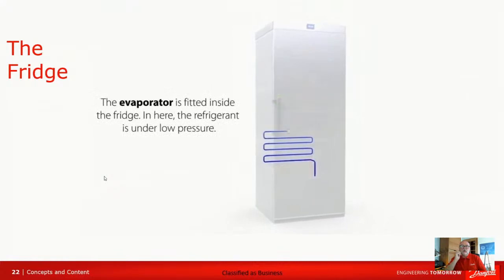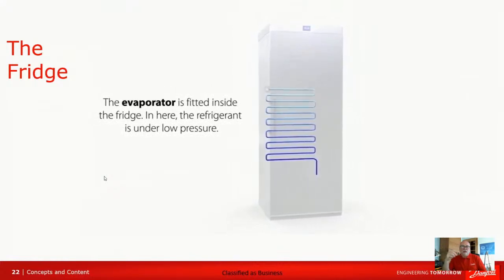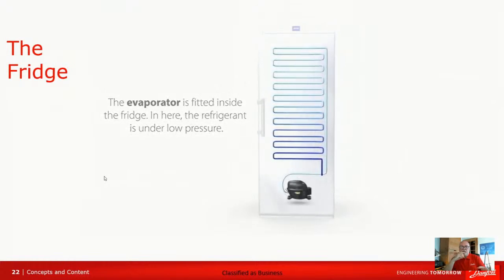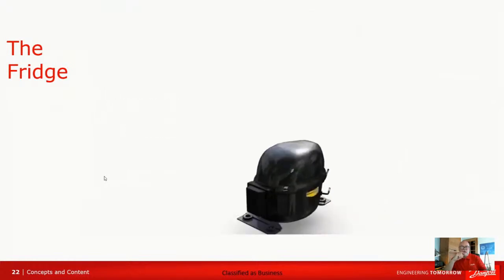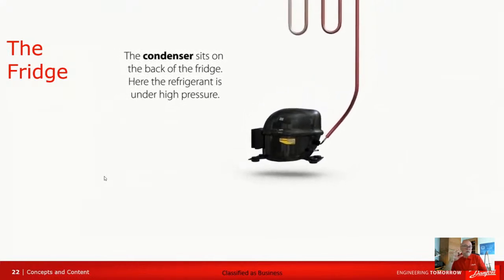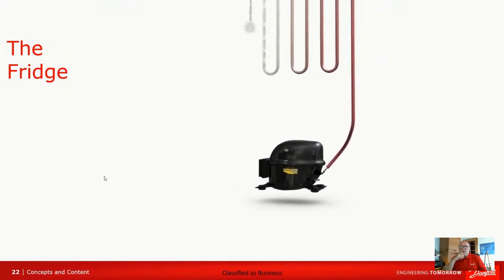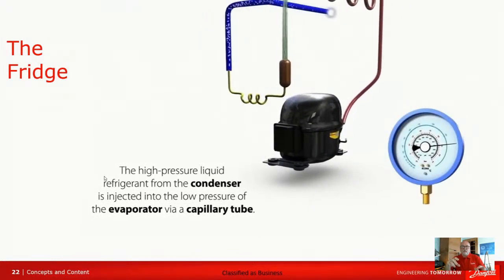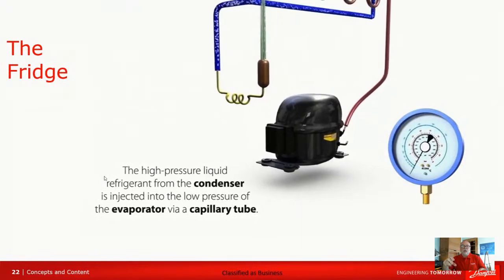Around in a closed circuit, high pressure parts, and where the heat is dissipated on the backside of the freezer. I'm sure you know that. It's the part that collects all the dust. I'm sure you have seen that. And remember, heat is energy. So inside the fridge, the pressure is low.